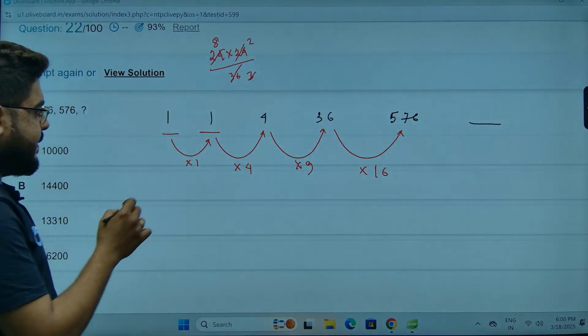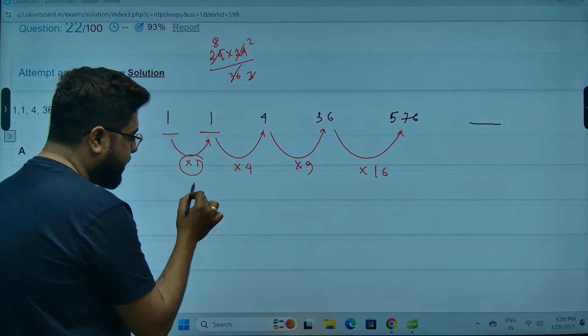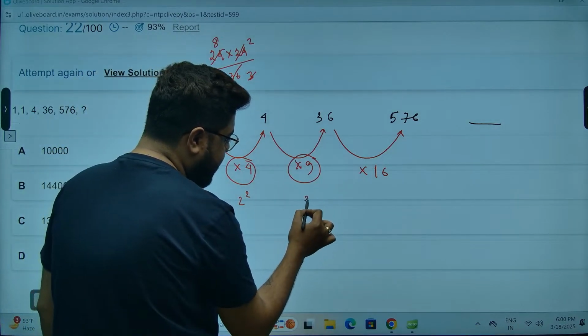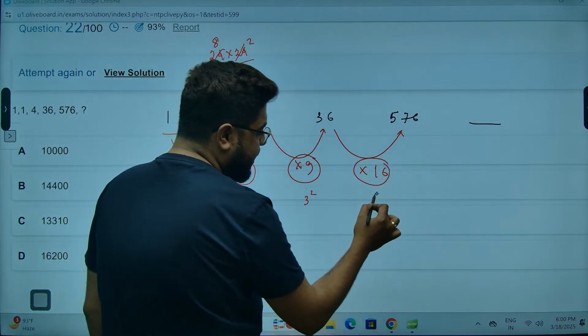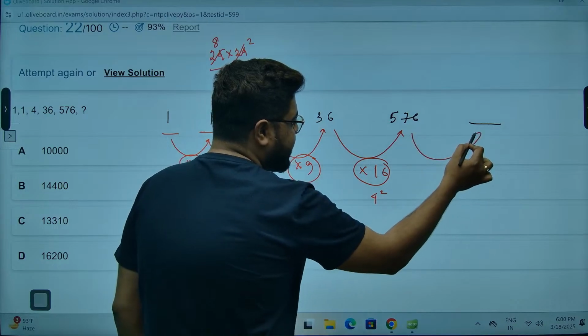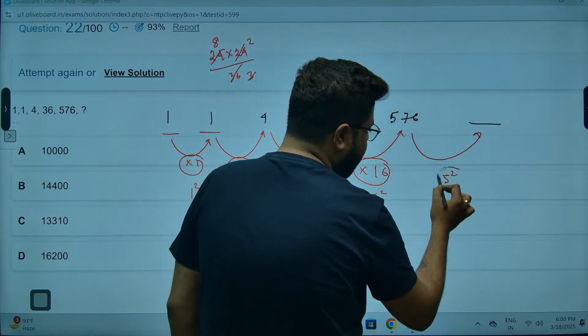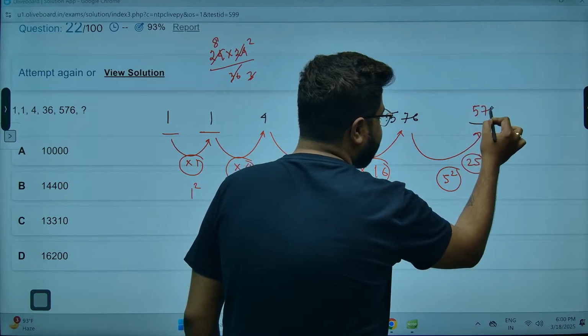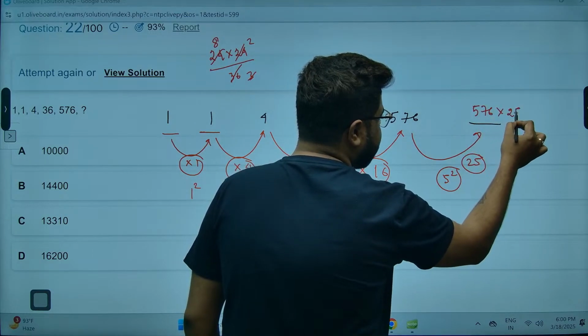So 1 square, 2 square, 3 square, 4 square. Next should be, sir, 5 square, meaning 25. So my answer should be 576 into 25.